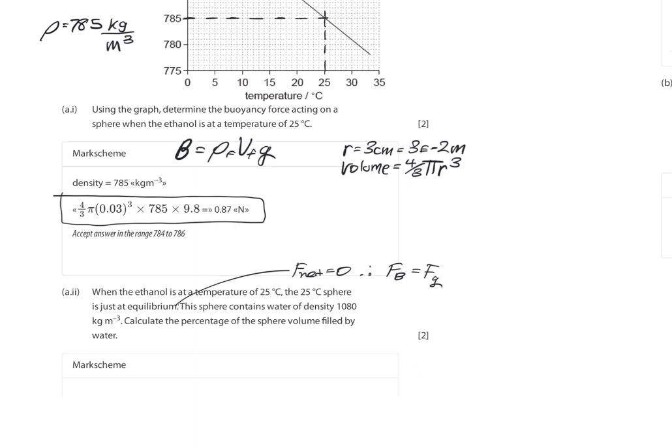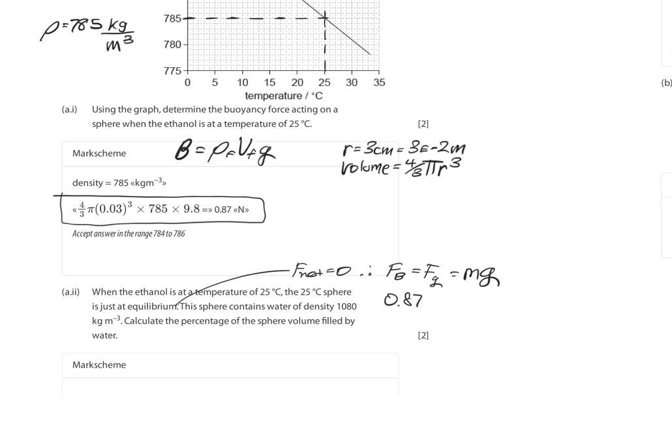So basically, it says percentage of sphere volume filled by the water. And so what they're getting at is that we can solve for the mass of the water, and if we know the density of the water, we can get the volume of the water. So the buoyant force we figured out was 0.87 newtons.